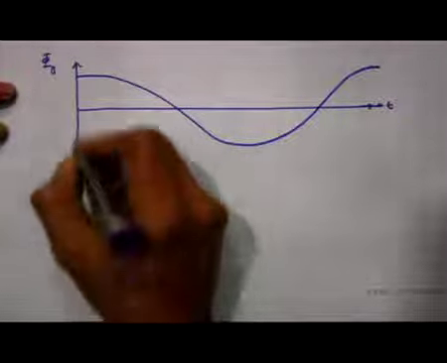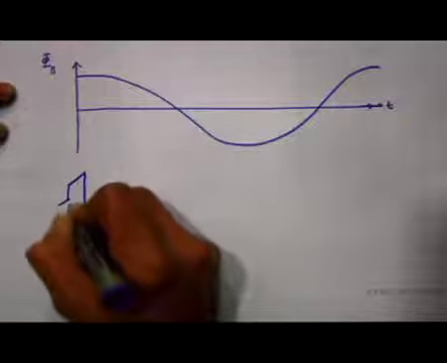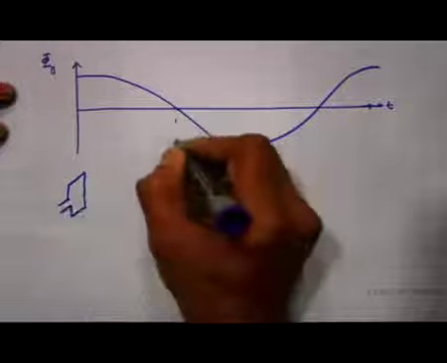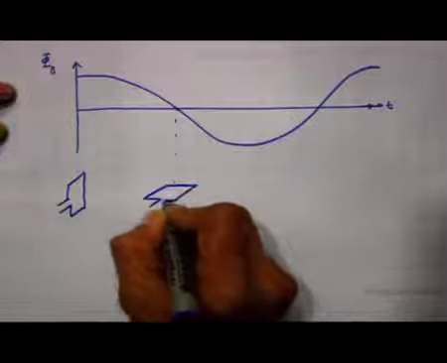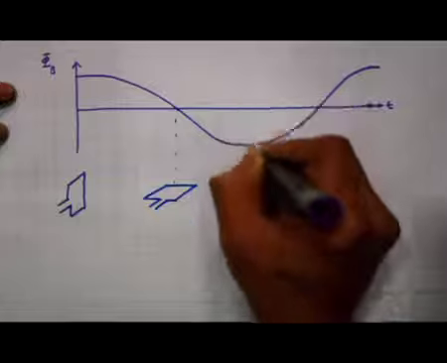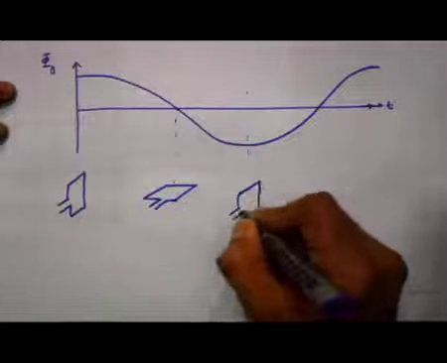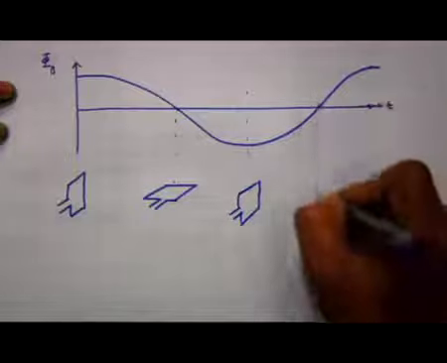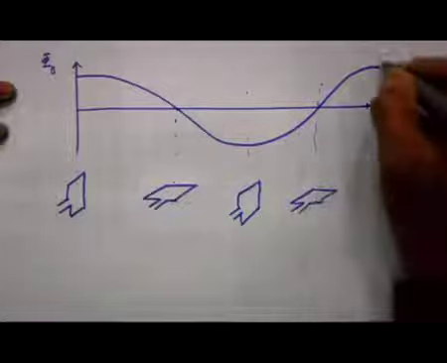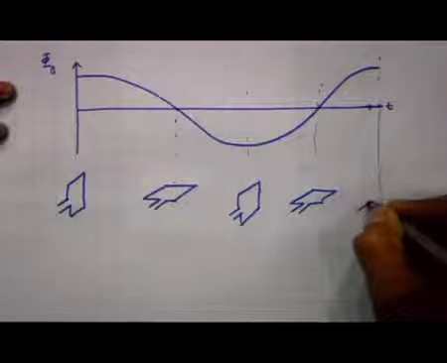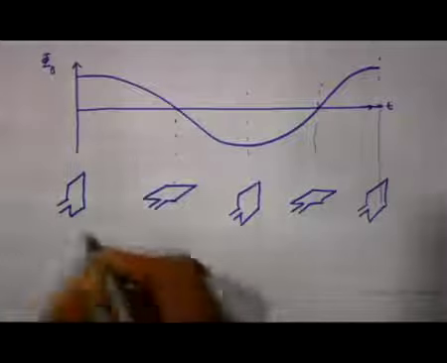Now, at this position the coil was like this, at this position the coil is like this, at this position again the coil is like this, at this position the coil is horizontal, and at this position the coil has become again vertical, and the coil is rotating like this.